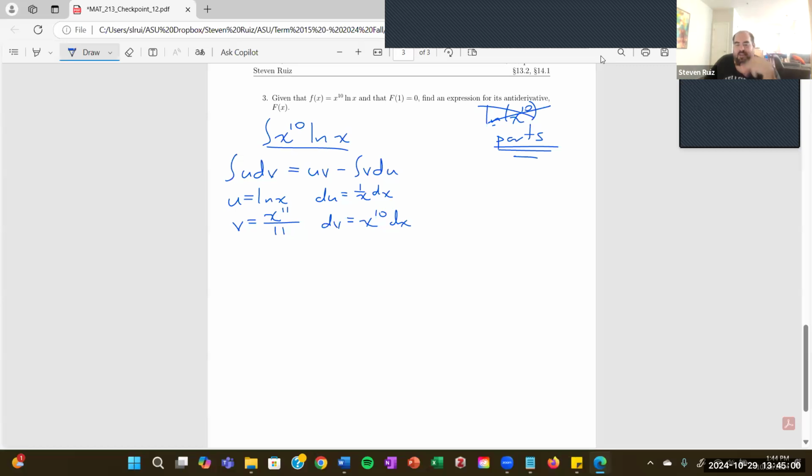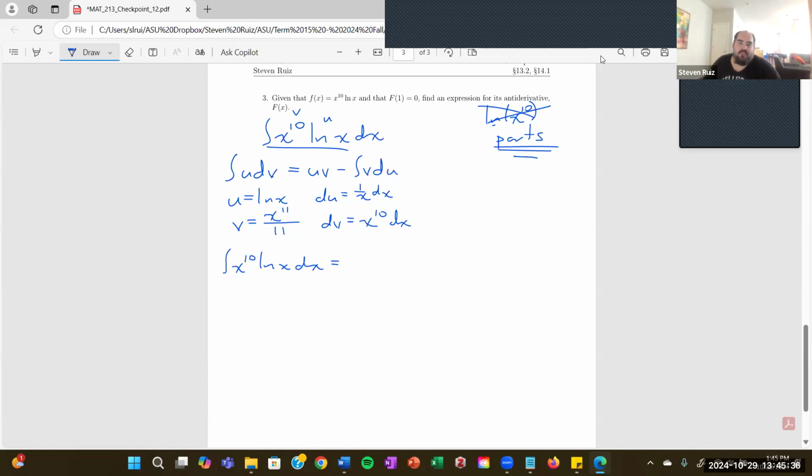So here are basically my ingredients for how I'm going to set up this integral. So the thing I was given, I split that up into a dv and a u, and I didn't write the dx. So x to the 10th dx is dv, and then natural log of x was u. So now I'm going to say this integral, the integral of x to the 10th natural log of x dx, is equal to uv.